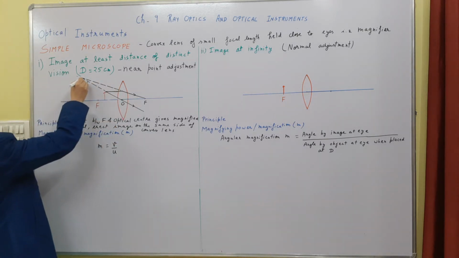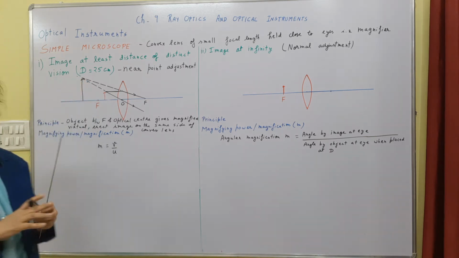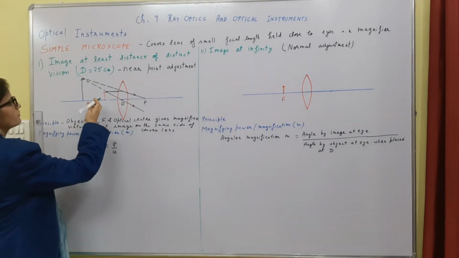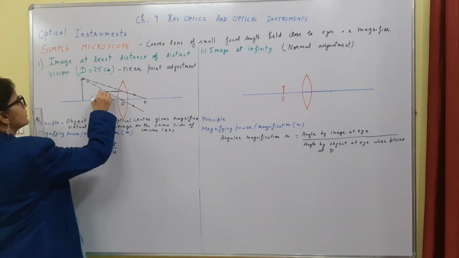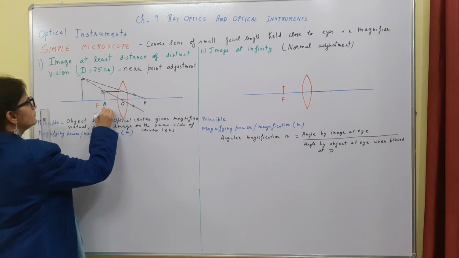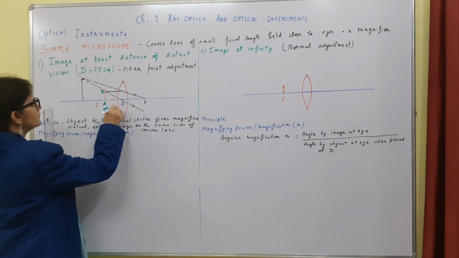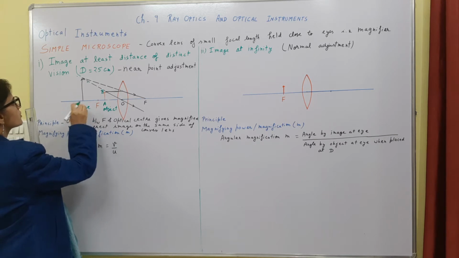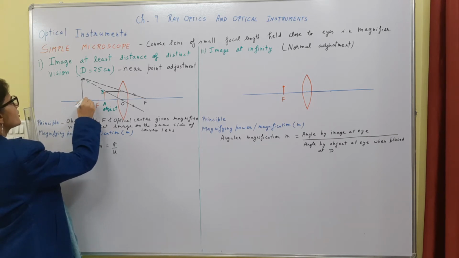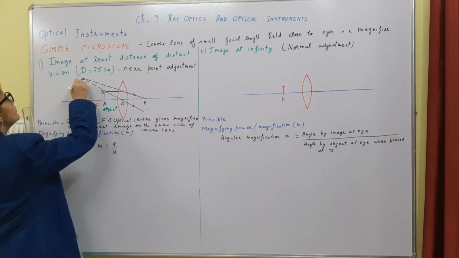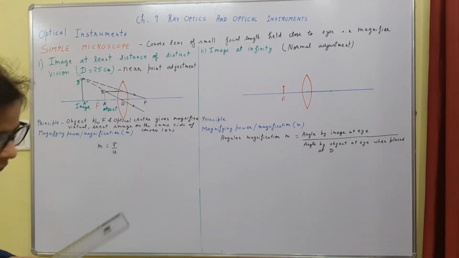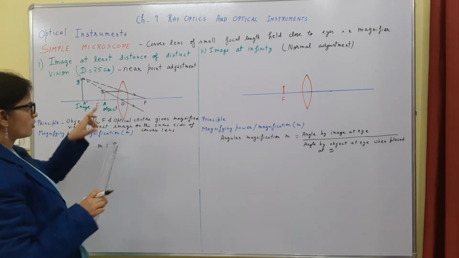So where is the image? The image is formed here. We can mark this as object AB, and this is the image, A dash B dash, right?